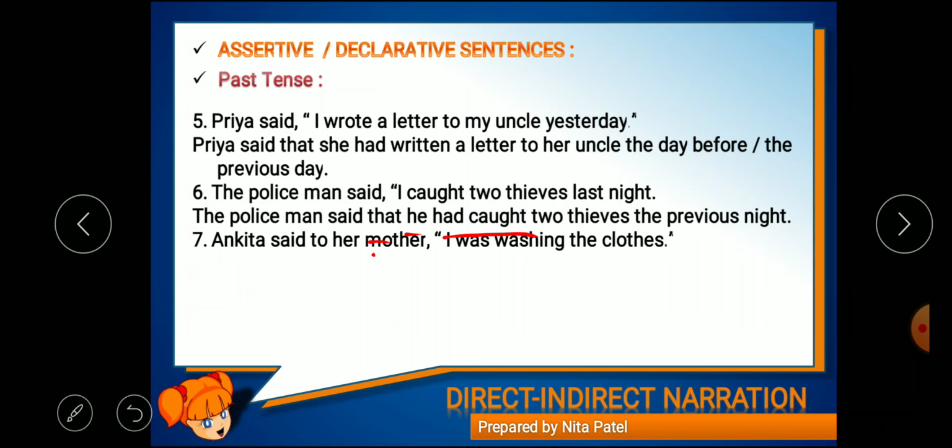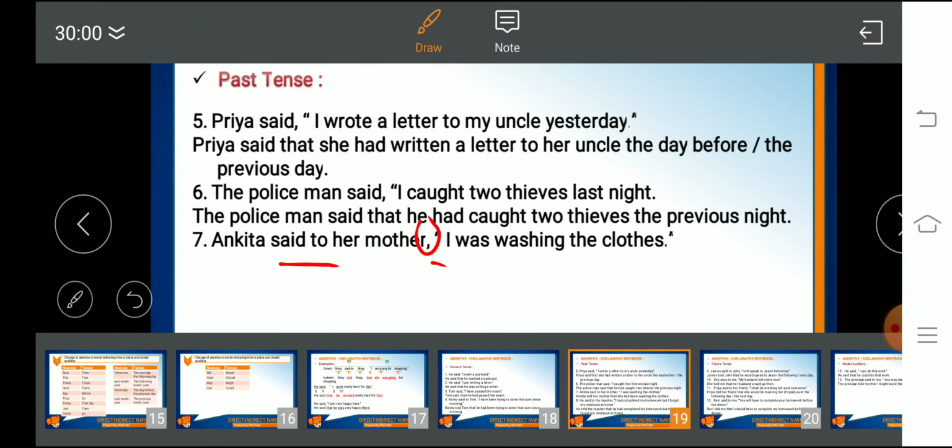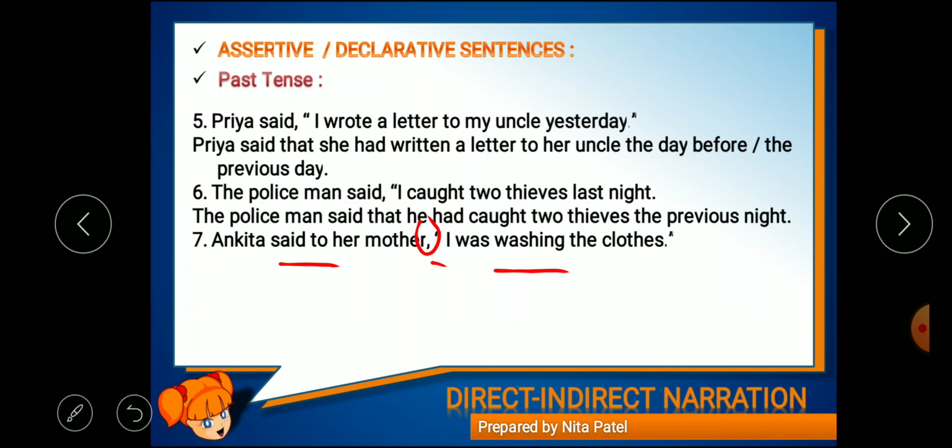Ankita said to her mother, I was washing the clothes. Ankita told her mother that she. Now was washing, past continuous is used, will convert into past perfect continuous. So what could be the answer? I was washing the clothes will convert into the past perfect continuous.